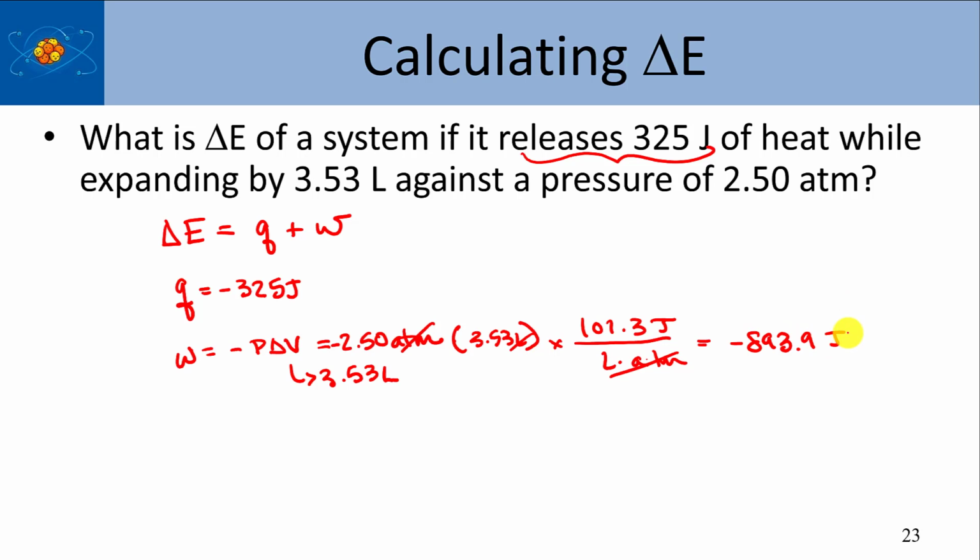So finally, we can calculate delta E. That's going to be minus 325 joules plus negative 893.9 joules.